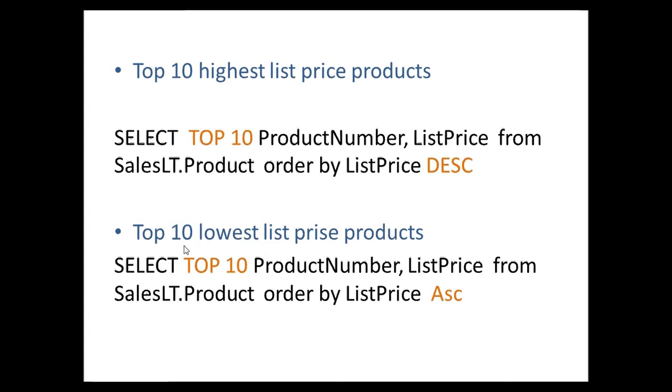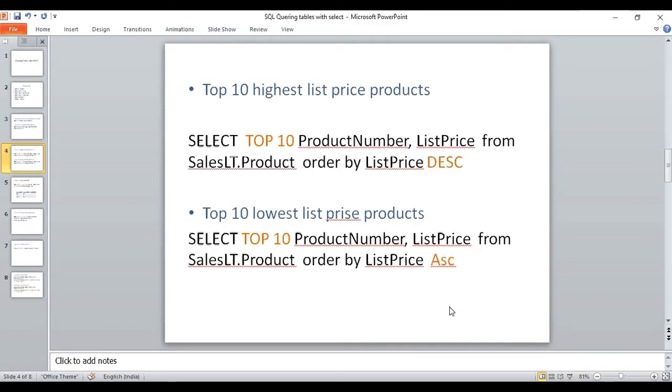And if we want the top lowest list price, we can simply replace descending by ascending. For ascending values you actually don't need to write ASC. It will be automatically understood and displayed.